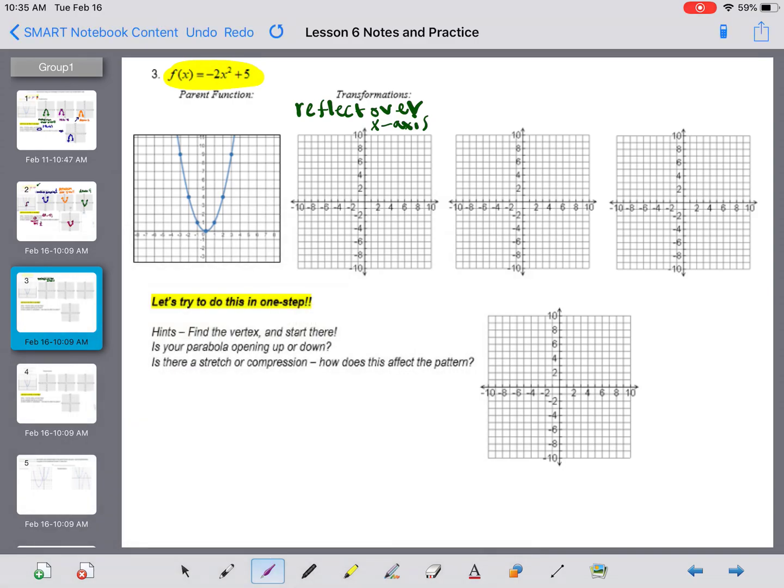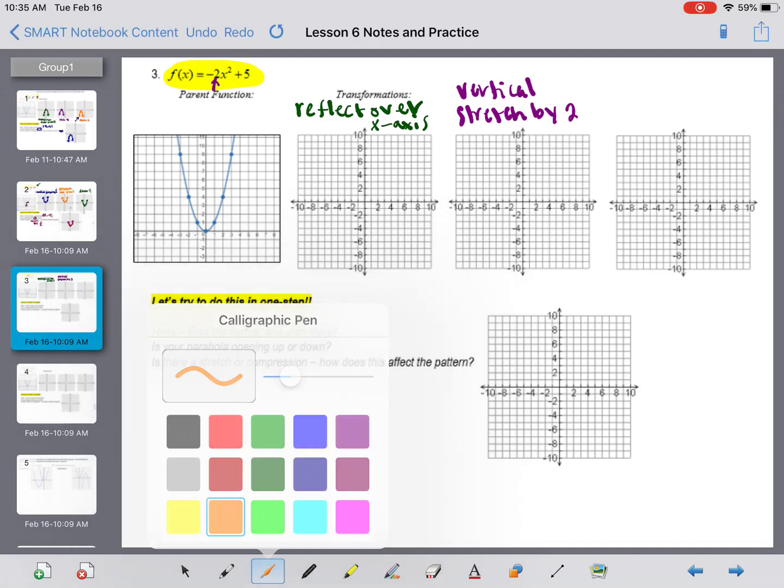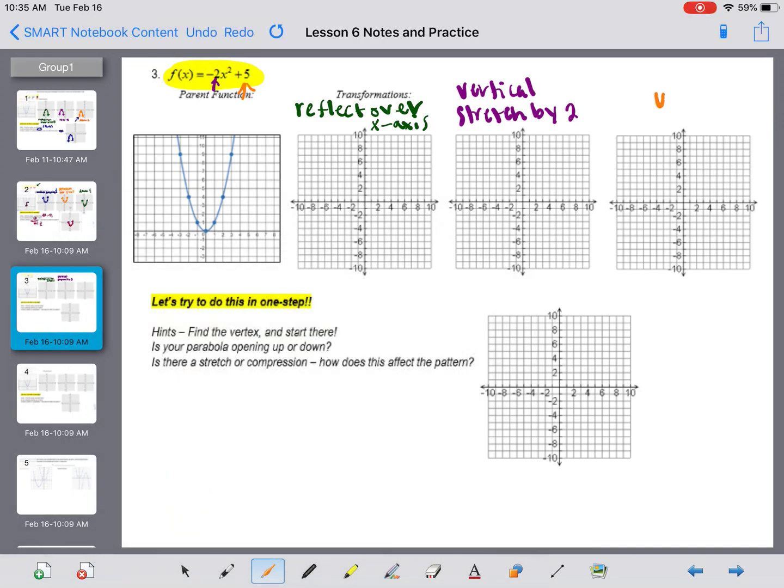And then we have that 2 here. It's bigger than 1, so we have a vertical stretch by 2. And then we're adding the 5 on the outside, so that means it's going to go up 5.